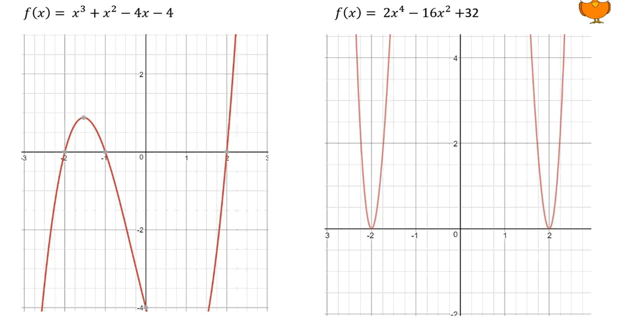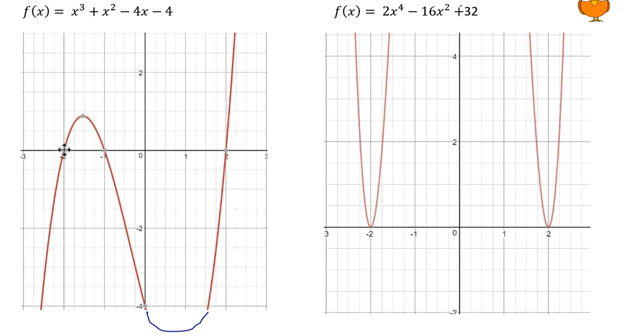Okay, let's look at these two graphs right here. They have something a little bit different between them. The graphs look weird because they're cut off, but imagine down here somewhere in Never Never Land, the graph keeps going, and up here somewhere the graph connects. What we're looking at, though, is the zeros, the x-intercepts. This one has zeros at -2, -1, and 2.